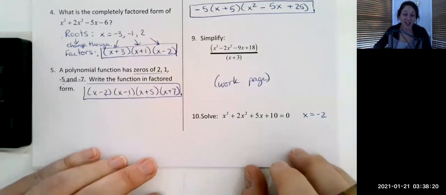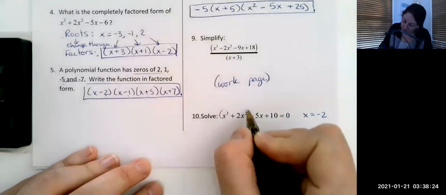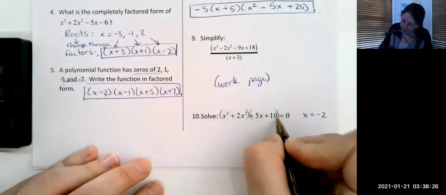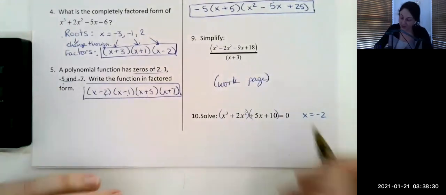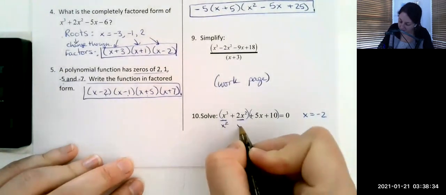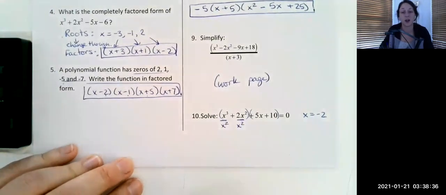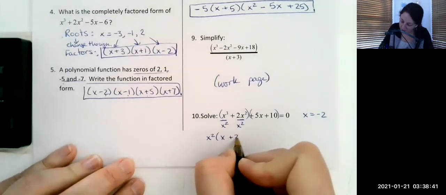That means that maybe I have to solve with factoring, so I'm going to group them up. Anytime you have to do some factoring that you don't like, we group them up. I'm going to look for common terms. Both of the first terms have x squared in common, so I take out x squared and I've got x plus 2.